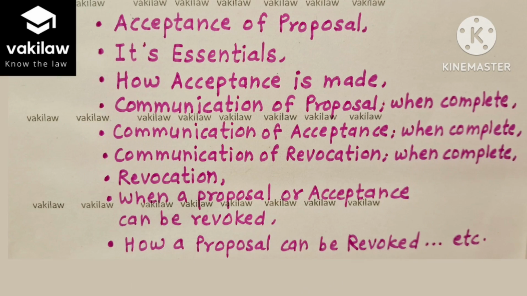The Indian Contract Act of 1872 also provides for acceptance of proposal, its essentials, how acceptance is made, communication of proposal when complete, communication of acceptance when complete, communication of revocation when complete, revocation, when a proposal or acceptance can be revoked, how a proposal can be revoked, and so on.